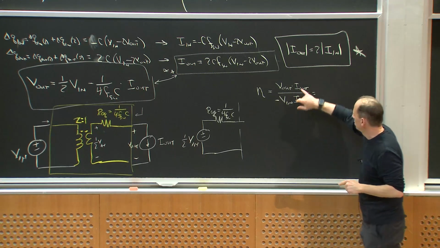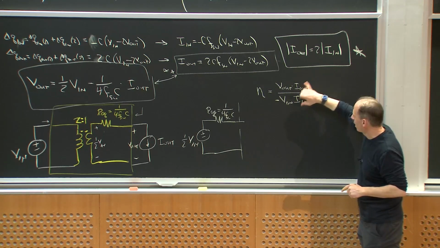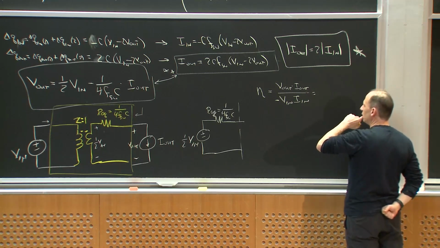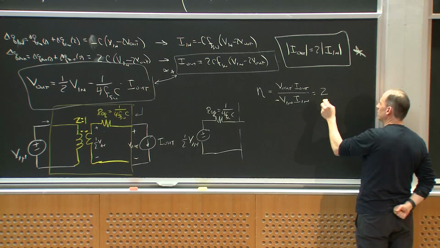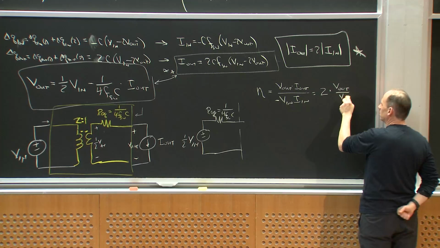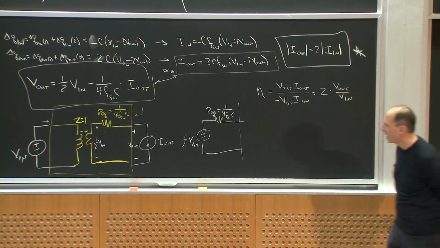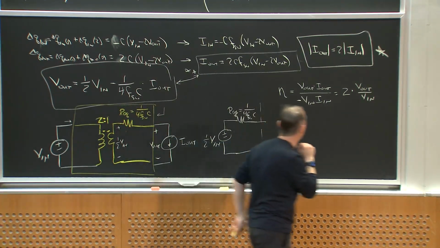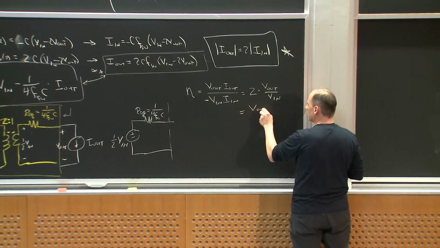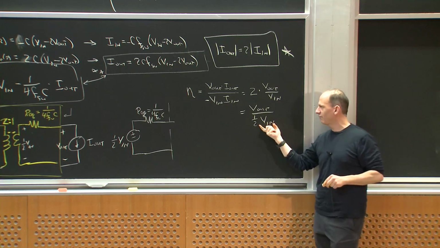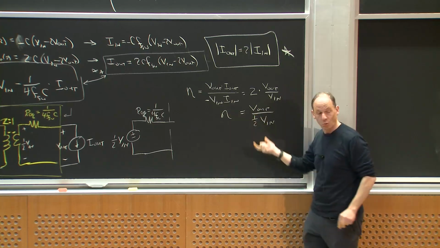And since I out is twice minus I in, this would be equal to 2 times V out over V in, right? And we have an expression for V out right here. I could write this as also equal to V out over 1/2 V in. So to the extent that V out is smaller than half V in, the efficiency is less than 1, right?